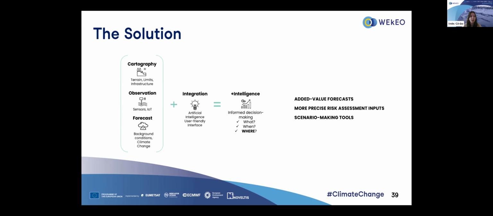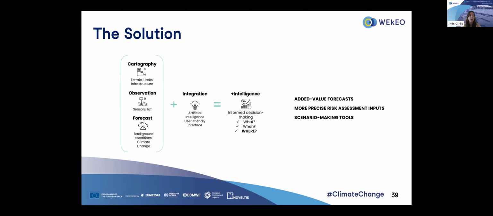It starts, of course, with the input data. That can be cartography, including terrain models, administrative limits, infrastructure layers, observation, of course, using sensors and IoT to monitor real-time environmental conditions, and finally forecasting, which gives us context from the background climate trends and future climate scenarios.